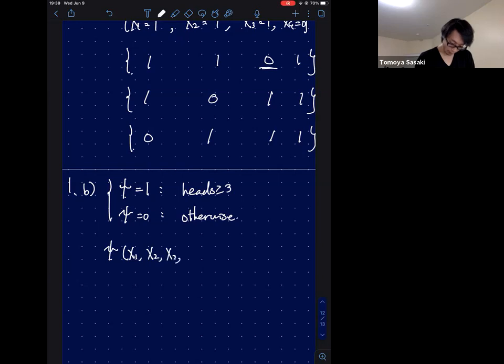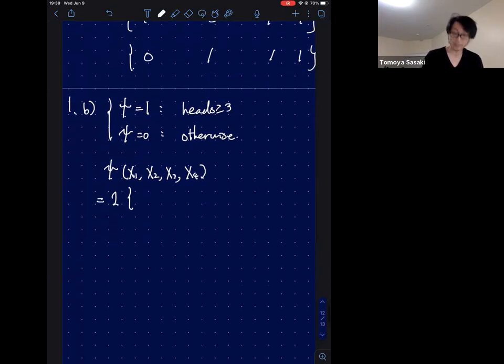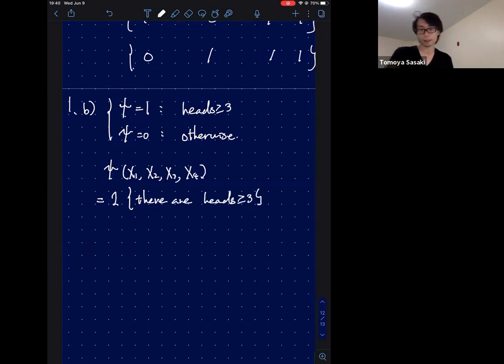It might be a little hard to grasp what we're asking, but we're basically saying to mathematically define the event that there are 3 or more heads, heads greater than or equal to 3. We want to define this quantity mathematically.